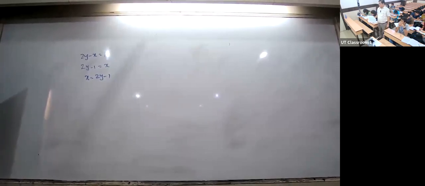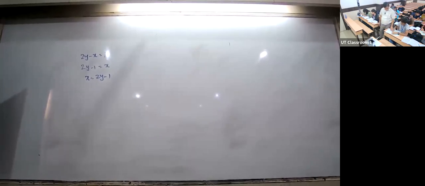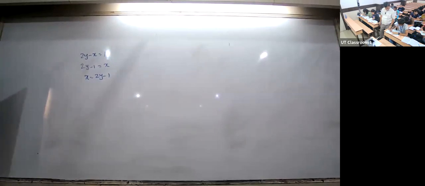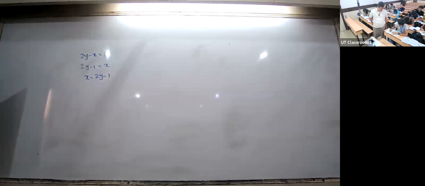Your graph is correct. How did you get this 1 minus 1? Just substitute and see whether it's satisfying or not.